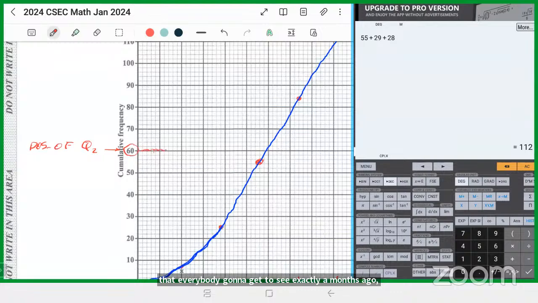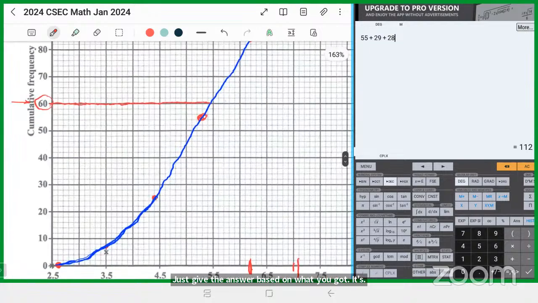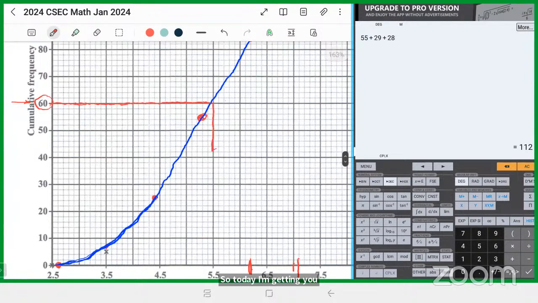So just give the answer based on what you got. Today I'm getting it right in between. In the video, I got it on this line, but today I'm getting it here. It's an estimate, so the answer is going to be different based on how you draw your curve. And whichever answer your curve gives you, CXC will give you your marks.